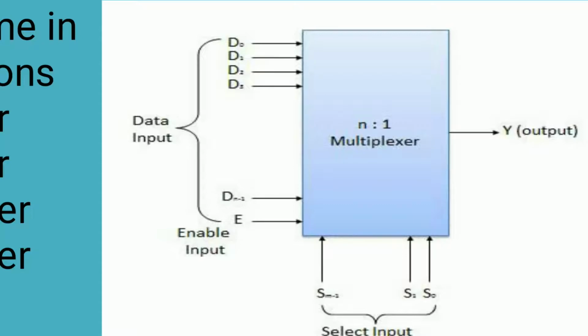Transmission from a computer system to a satellite. So for communication purposes we are using multiplexers, in different areas: networking, telephone networking, communication systems, computer memory. These are the applications of multiplexers.